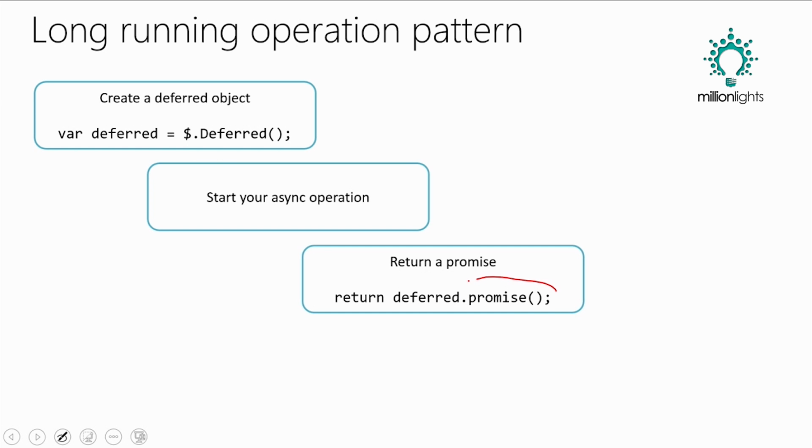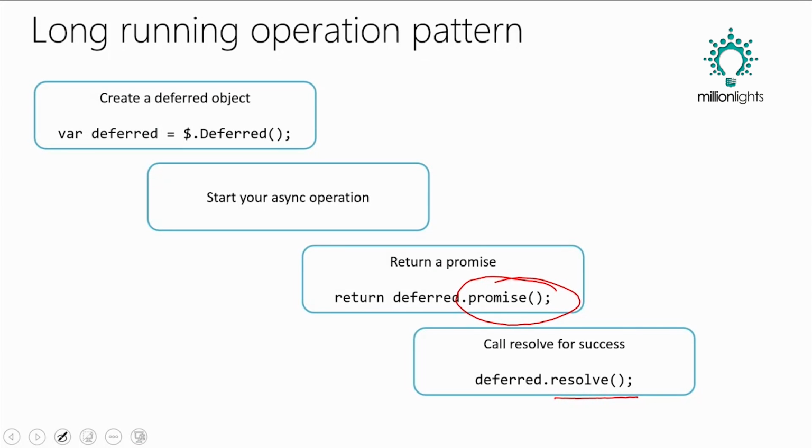And it's that promise that the caller or the client is going to use. And the way that you let the caller or the client know that something has happened is by calling resolve, if everything completed successfully, or, in case of a failure, calling reject. So resolve if it succeeded, or reject if it failed.